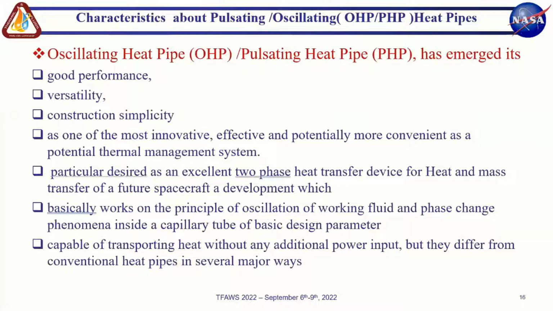Thanks again. OSP pulsating heat pipe characteristics are also good, with good performance and construction simplicity. It is one of the most innovative and effective devices, particularly designed as an excellent two-phase heat transfer device for heat and mass transfer in spacecraft development.